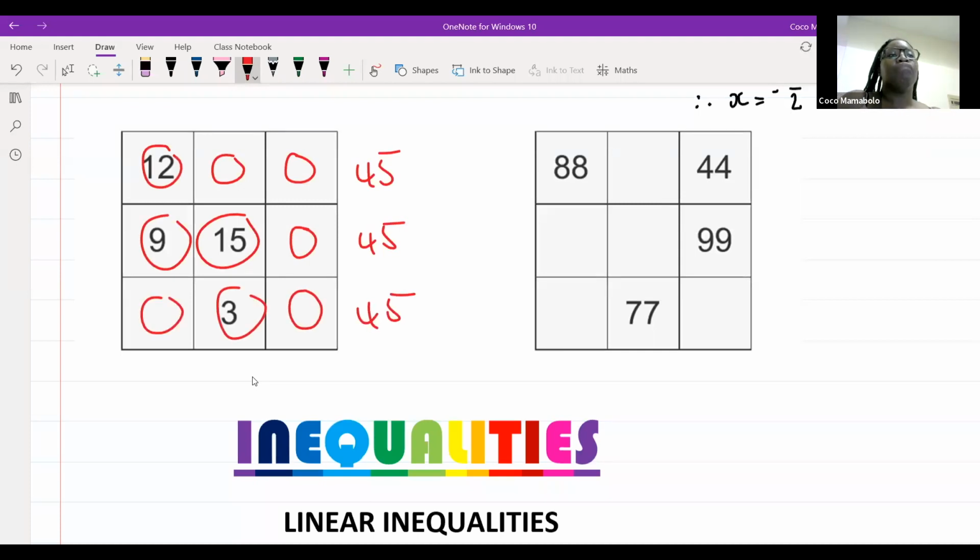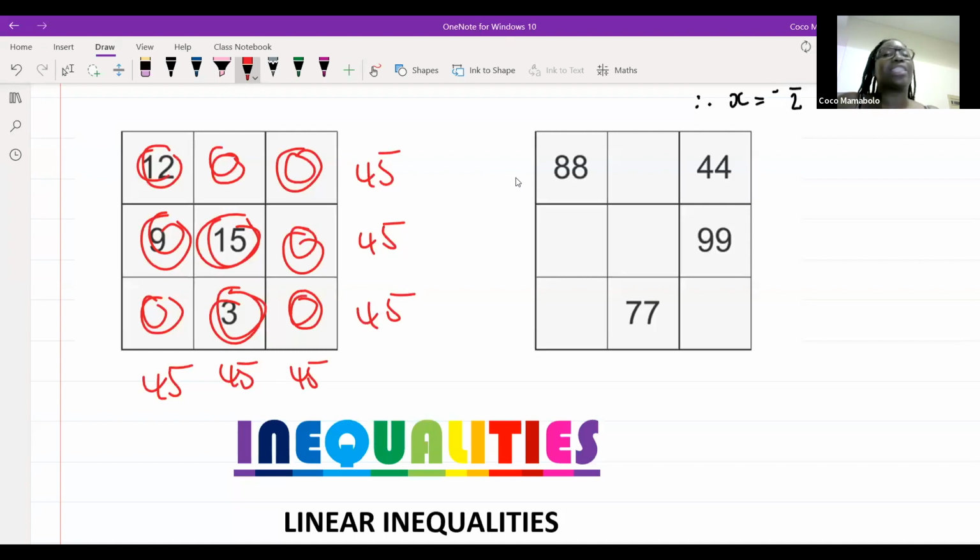But that one and that one and that one must also give me 45. This one plus this one must also give me 45. And this one plus this one plus this one must also give me 45. I'm not done. That one and that one and that one going this way must also give me 45. And this one and this one and this one going this way must also add up to 45.